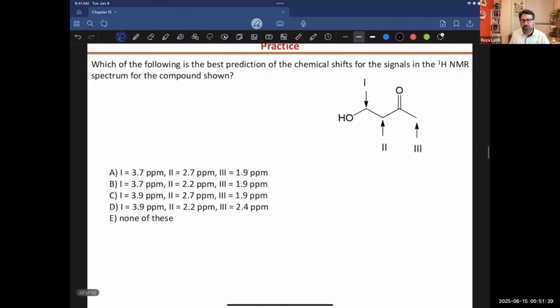Okay, another example. Here we have hydrogens attached to carbon, and the carbon is attached to oxygen. So oxygen is directly attached to carbon, and number 1 is going to have the highest chemical shift. Next, let's talk about number 2 and number 3. Number 3 has 3 hydrogens, and their neighbor is a carbonyl.